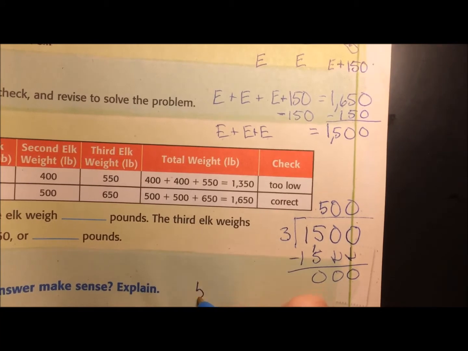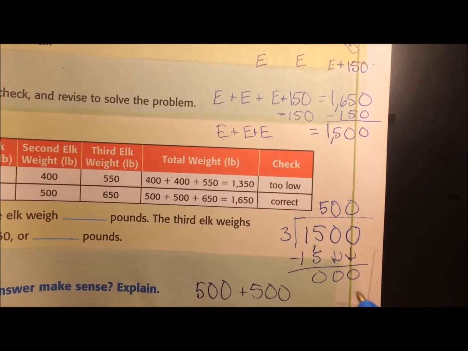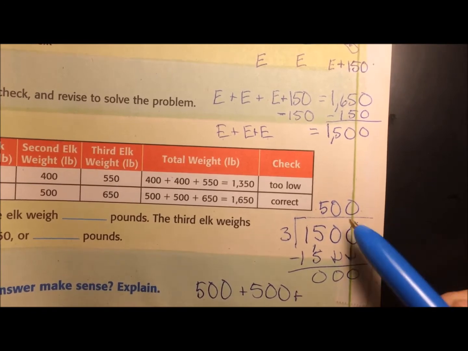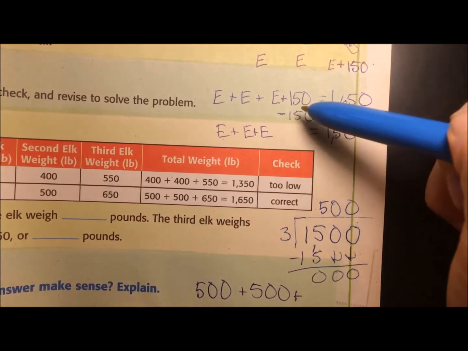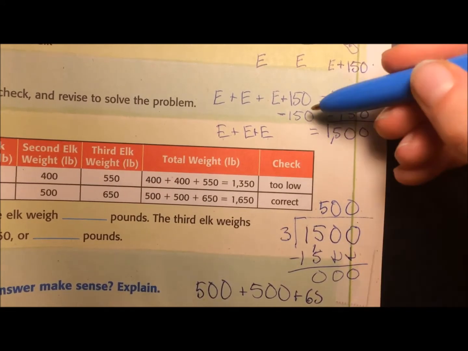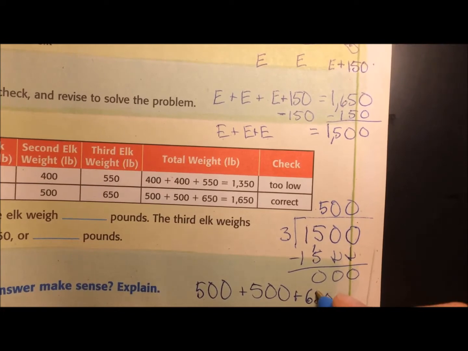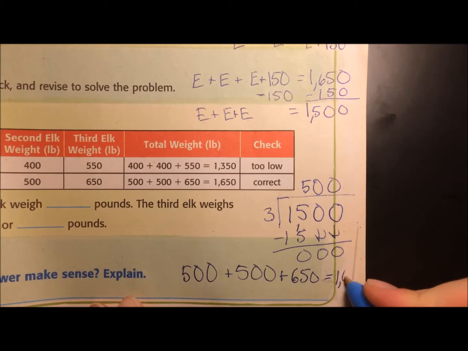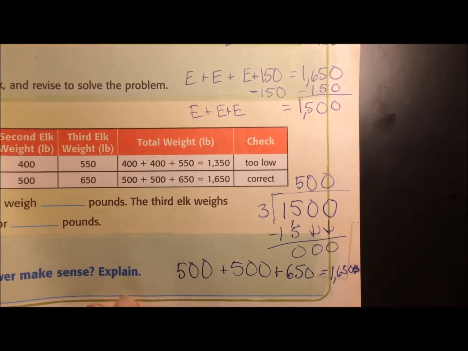So we would have 500 plus 500. And then remember, our last elk is a bit fatter. He's this 500 plus 150, which would be 650.